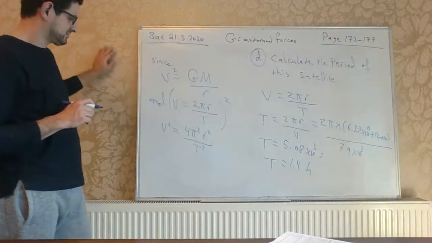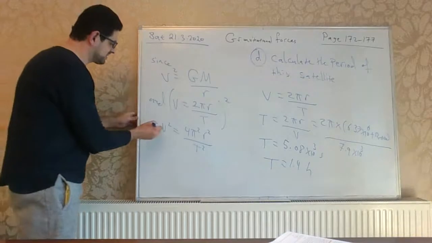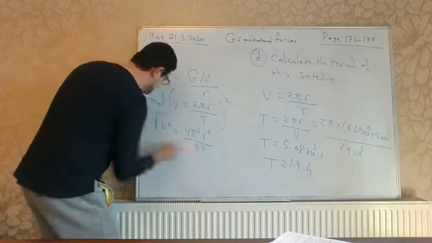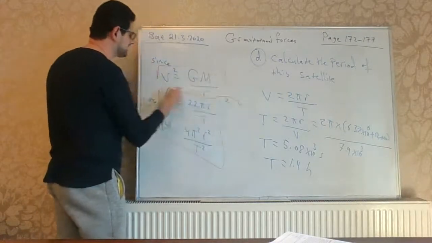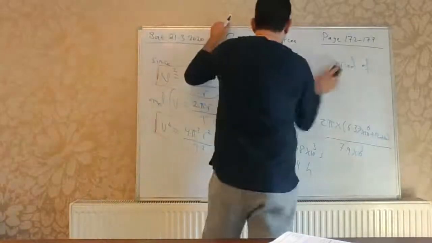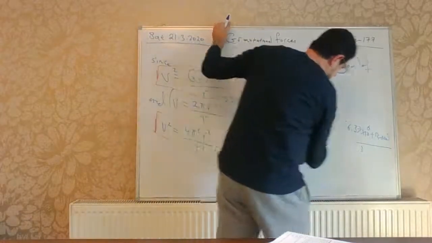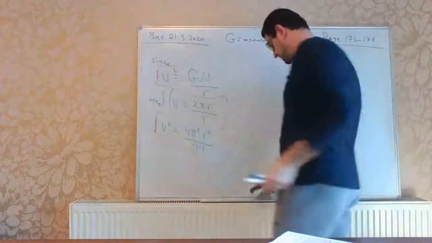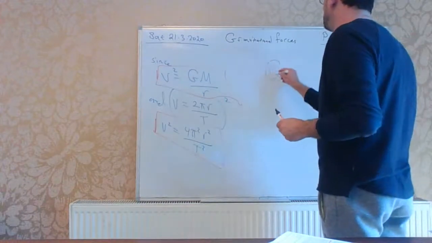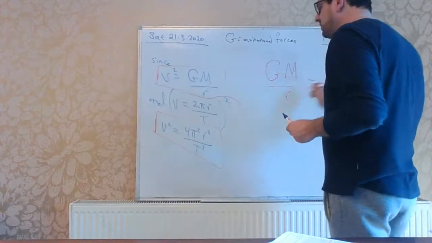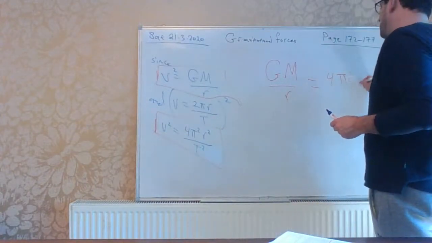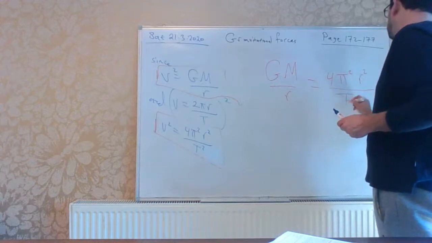So Gm over R is equal to V squared, which is 4 pi squared R squared over T squared.